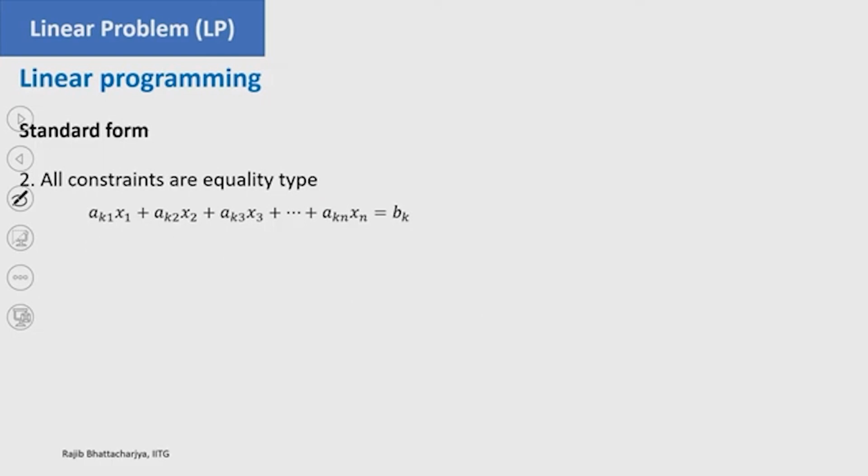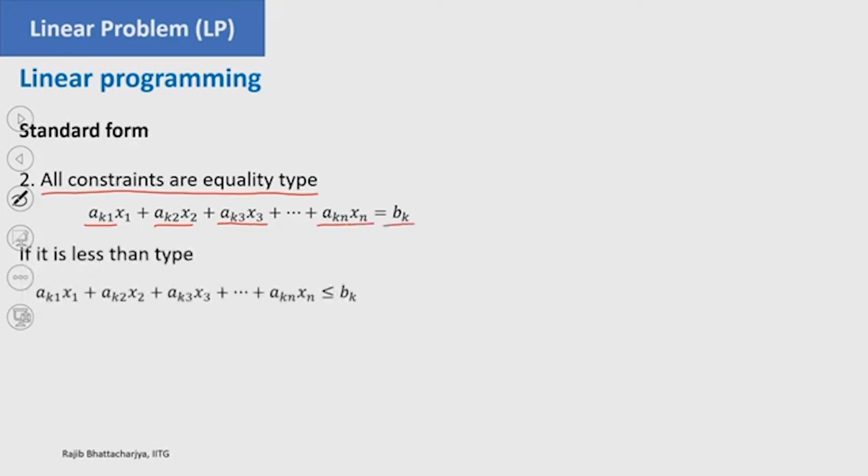The next condition is that all constraints are equality type. So, a particular kth constraint is ak1 x1 + ak2 x2 + ak3 x3 + ... + akn xn equal to bk. But if your constraint is not an equality type constraint, but a less than or equal type constraint, what do you have to do in order to convert it to standard form? You have to make it an equality sign.